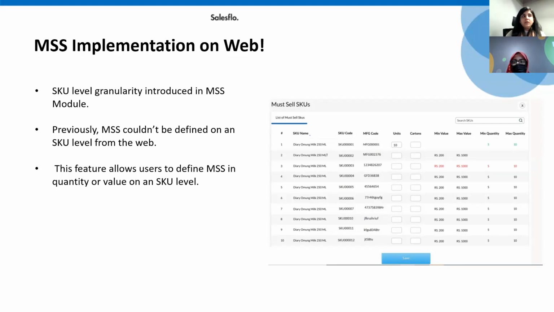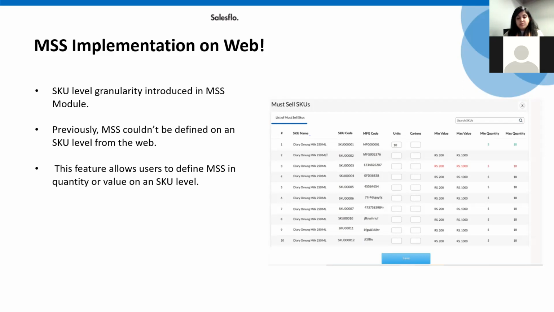If I give you an example, let's say you want that every order that an order booker is booking for a specific channel, you want them to buy at least a minimum quantity, right? So we had that feature in our mobile application, but we had no controls over our web application.